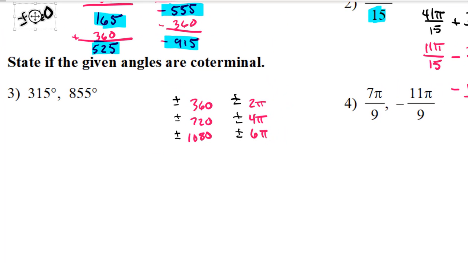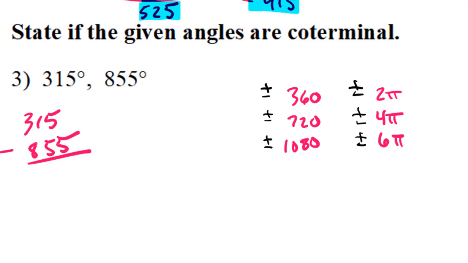One way to do this is to find the difference between the two values you're given. If you take 315 degrees and subtract 855 degrees, you end up with negative 540.